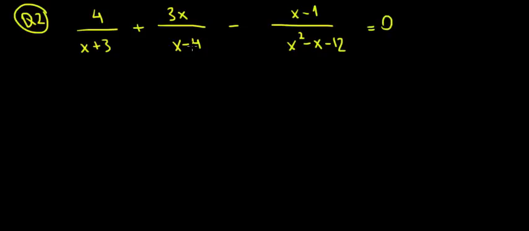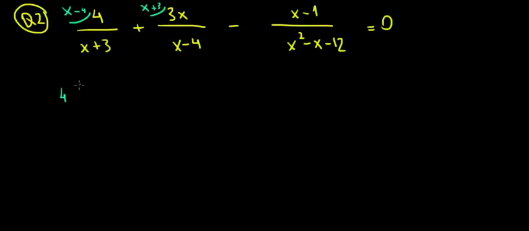We see that we have different denominators and we would like to make them equal. Well, let's do that. Let's make the first two terms with the same denominator. Let's multiply this thing by x minus 4 and let's multiply this thing by x plus 3.